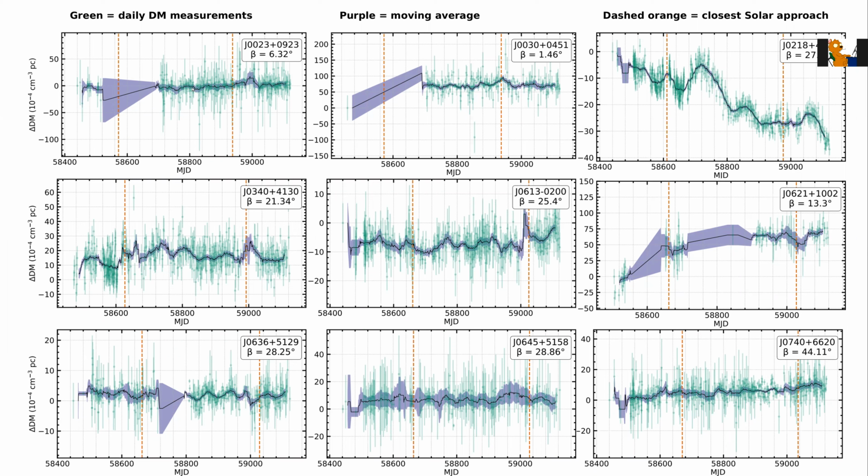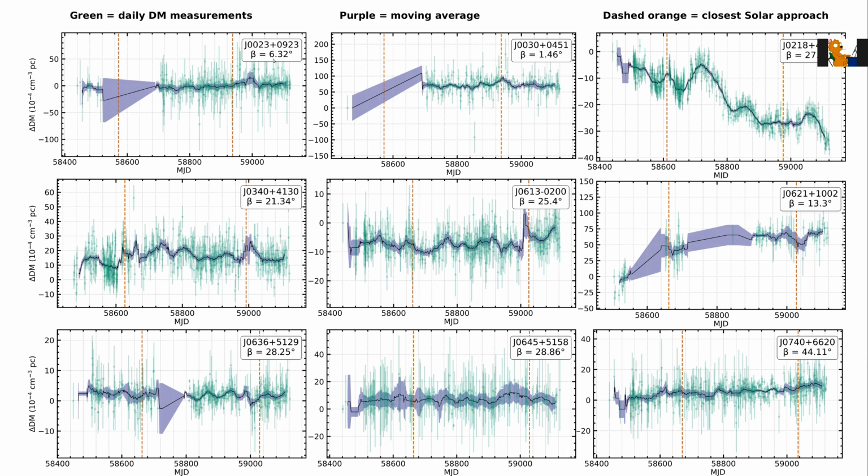The green data points are the DMs obtained from the single observations. This purple shading is a running mean that I'm using to help us better pick out some of the trends in the data. And for all of the pulsars, I've plotted this orange dashed line, which is the closest angular approach to the sun.